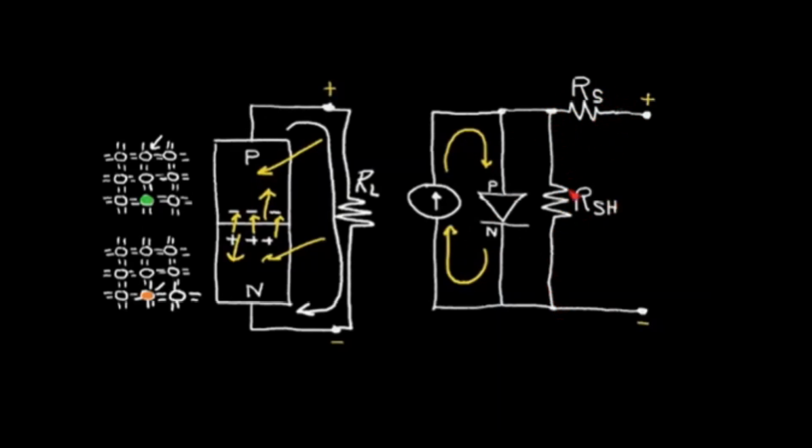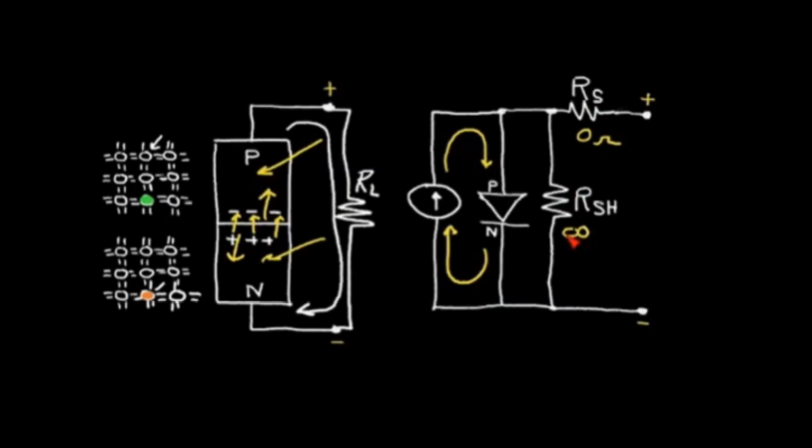Now these parasitic resistors limit the performance of the solar cell. You'd like to have this resistor ideally be 0 ohms, and you'd like to have this resistor be infinite, but that of course does not happen.